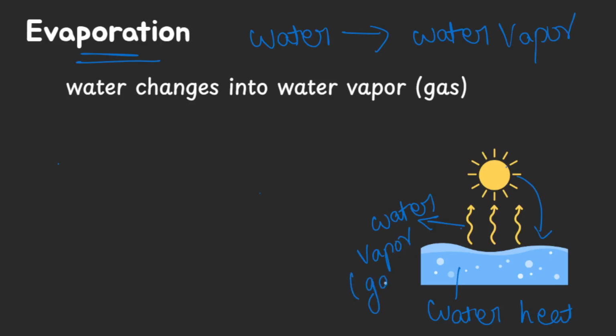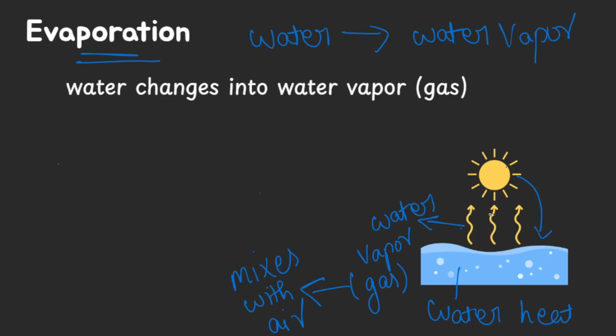This gas mixes with air. So what is water vapor? When sunlight hits the water, the water gets heated and releases hot gas.